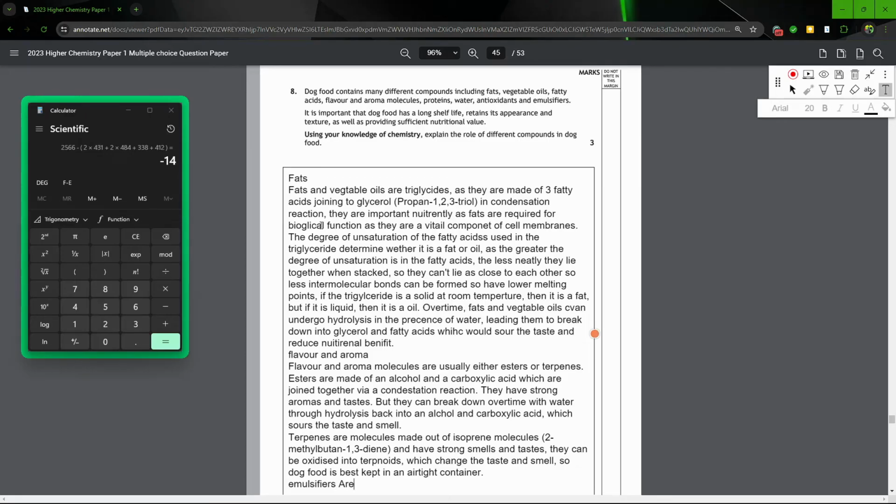Emulsifiers are molecules that stabilize an emulsion, preventing the liquids from separating into layers.